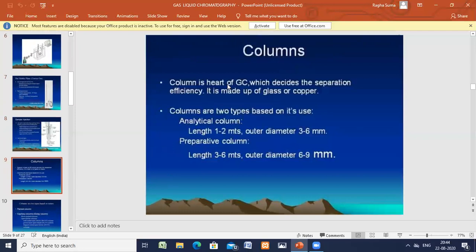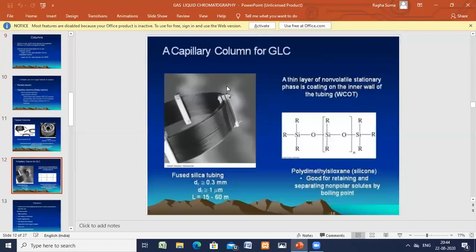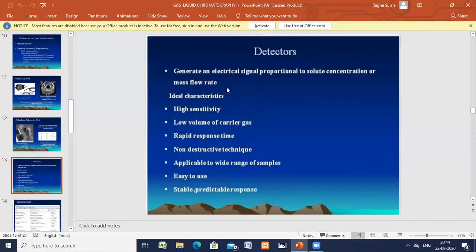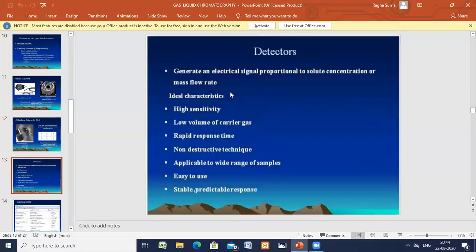And the columns, you have packed columns and capillary columns, and the types of the packed and the capillary columns you have seen. And in these columns, I have explained about the stationary phases that we are using. Different stationary phases used in the column we have discussed.